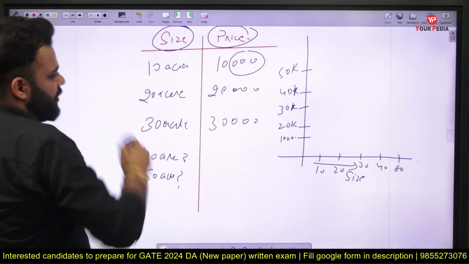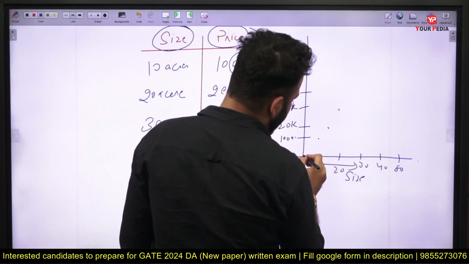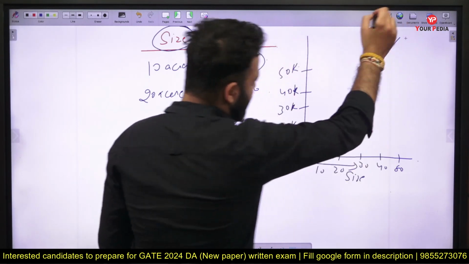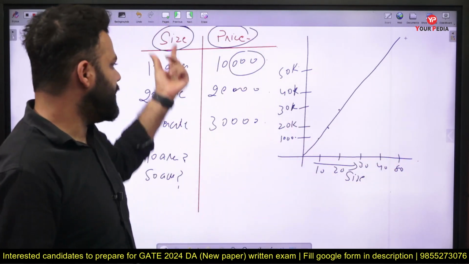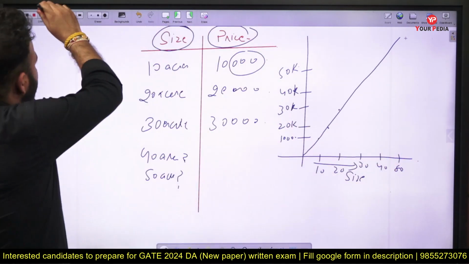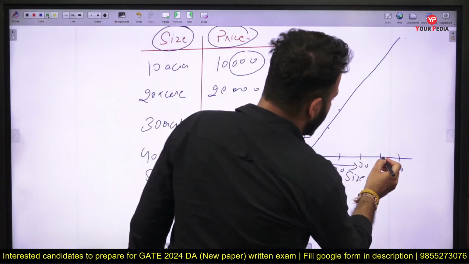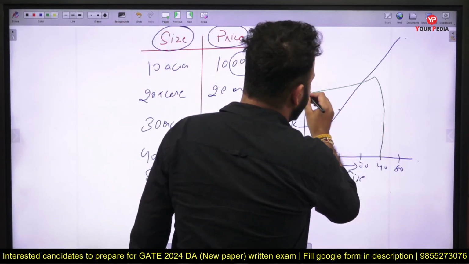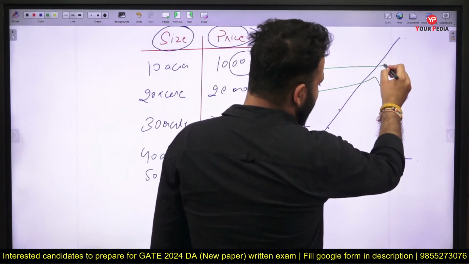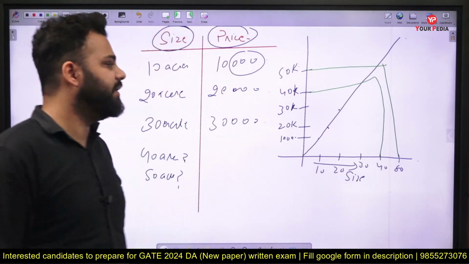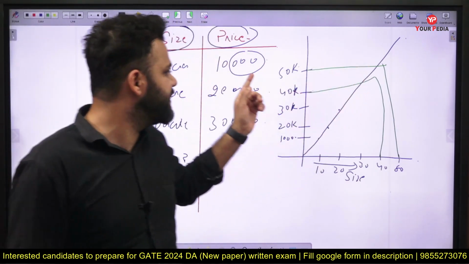Now it will draw the points: for 10 we have here, for 20 we have here, 30 we have here, and it will draw a line, which is the linear pattern that has been recognized from this data. Now when it has trained the model, it will see what will be the price of 40 acres of land, and it will see that for 40 acres of land 40k is the price, and for 50 acres of land 50,000 is the price. So this is how it will match the data.